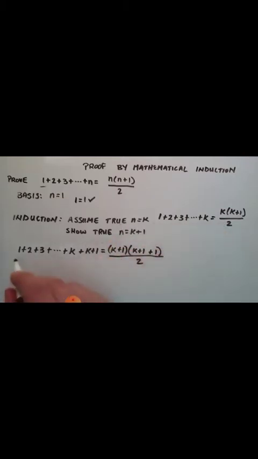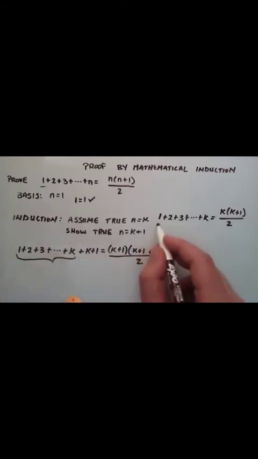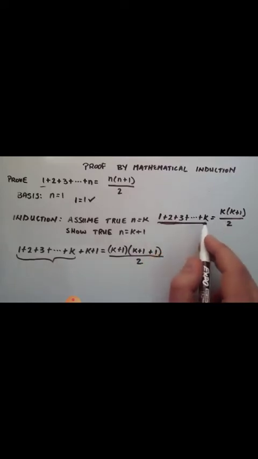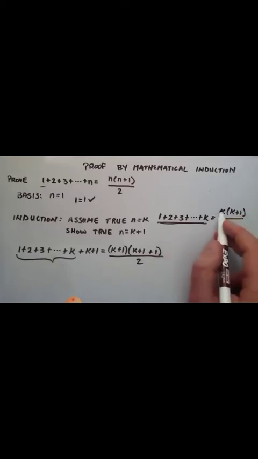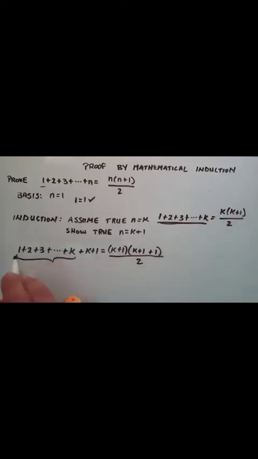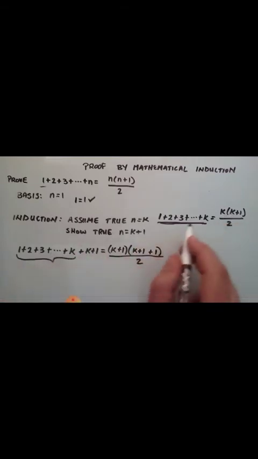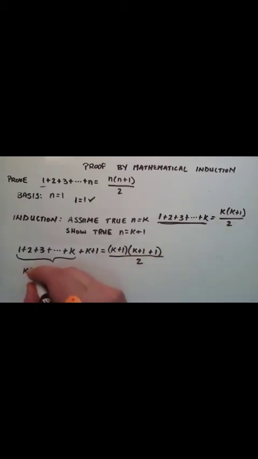Solving this equation in the left hand side, the sum of 1 plus 2 plus 3 plus dot dot k is equal to k(k plus 1) by 2. So in place of 1 plus 2 plus 3 plus dot dot k, we put k(k plus 1) by 2.